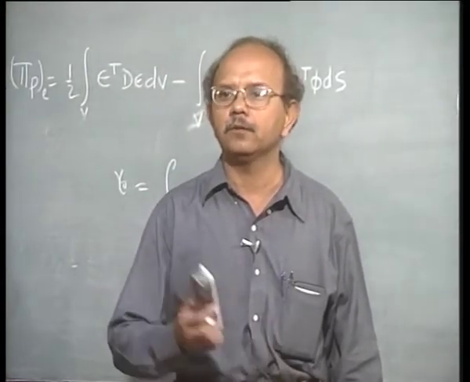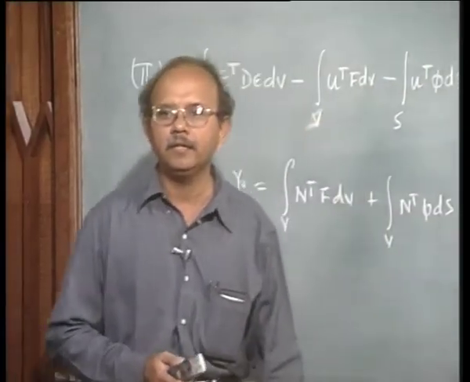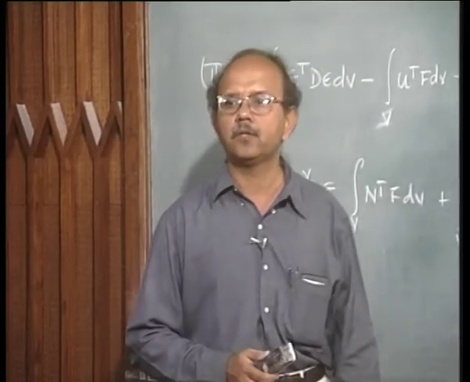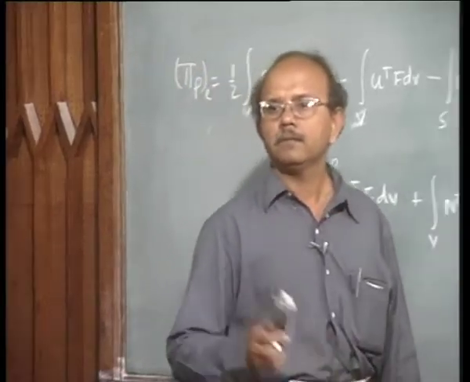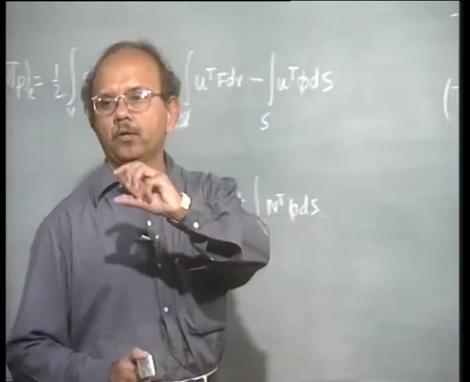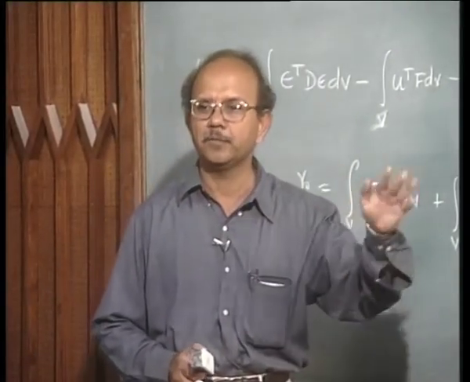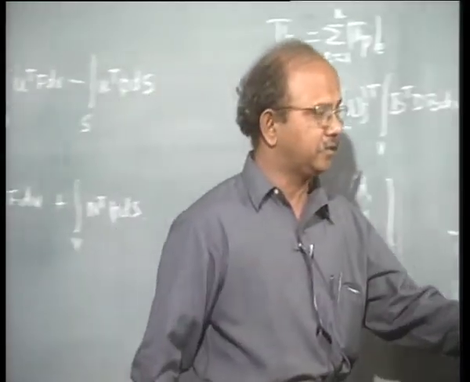What do you do now? Sigma you replace by D (epsilon minus epsilon 0) plus sigma 0. Forget about what you did as far as the initial stress and strain in the last class, because this gives you a much better picture, and please note the way we have written this equation.